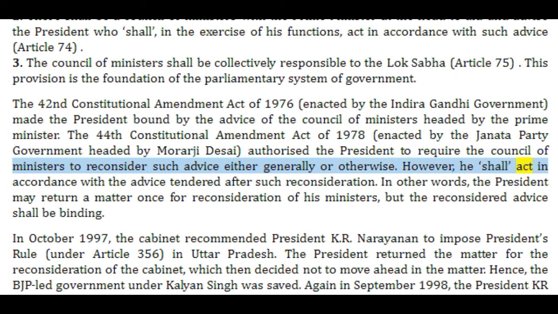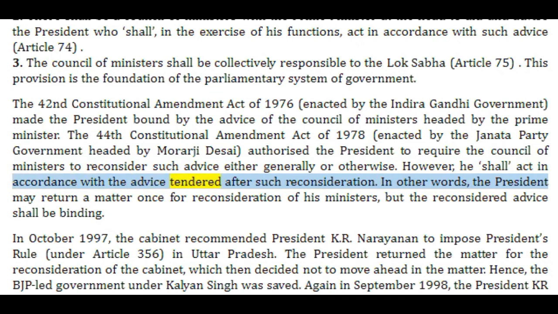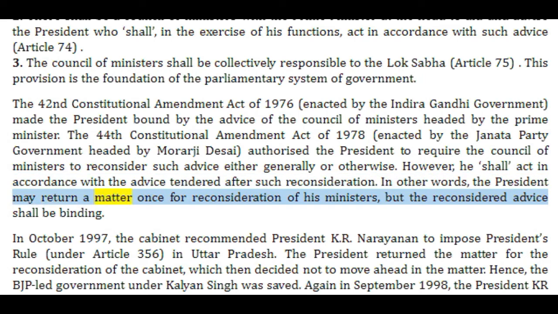However, he shall act in accordance with the advice tendered after such reconsideration. In other words, the President may return a matter once for reconsideration of his ministers, but the reconsidered advice shall be binding.